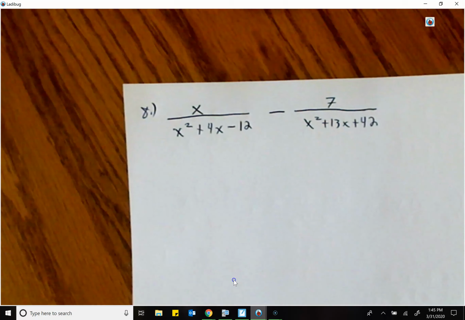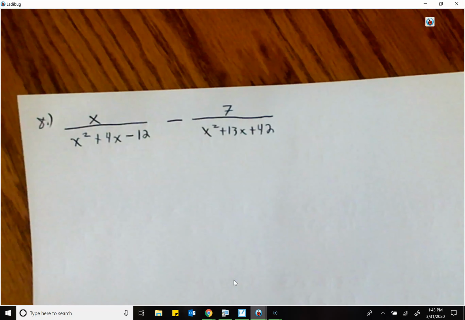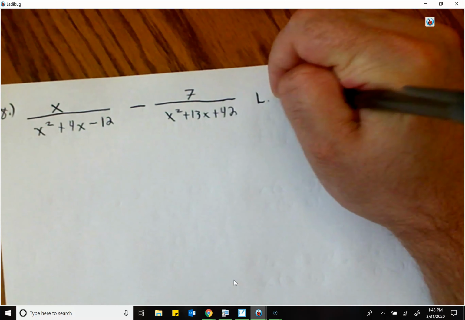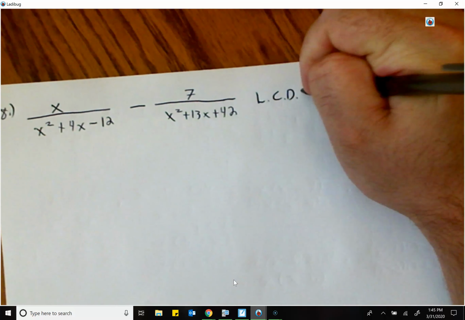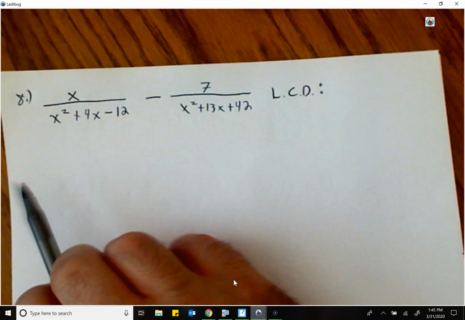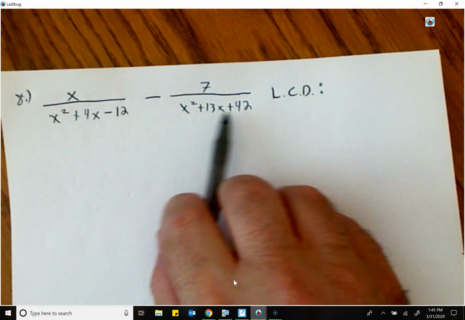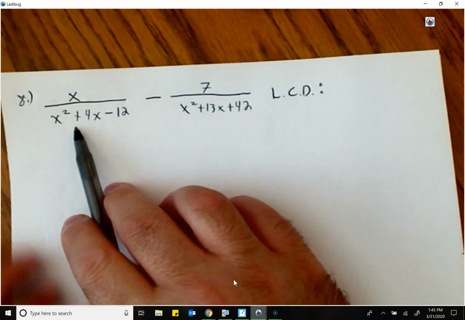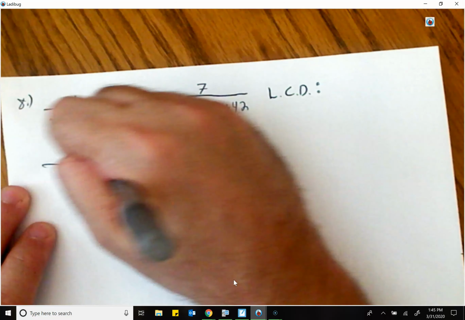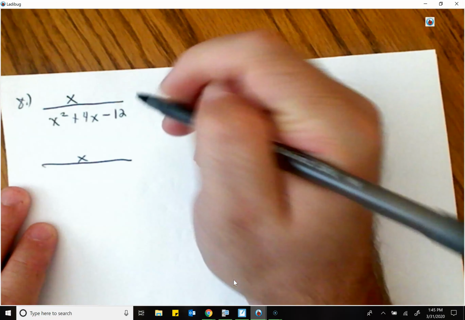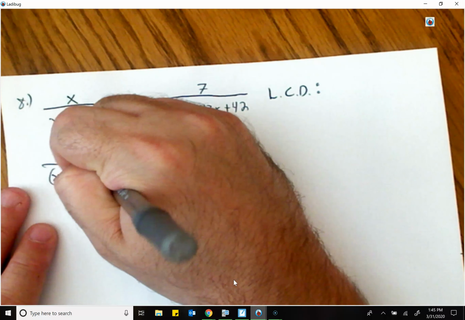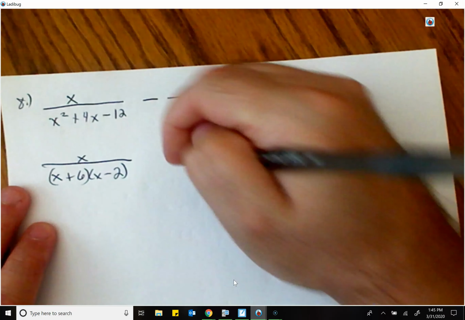So obviously you can see that these are not like denominators. So in order to add and subtract fractions, we need to get common denominators. So the first thing we're going to have to do is find that LCD. What is the least common denominator? Well, before we can do that, these denominators need to be factored. So x squared plus 4x minus 12, it factors into x plus 6, x minus 2.